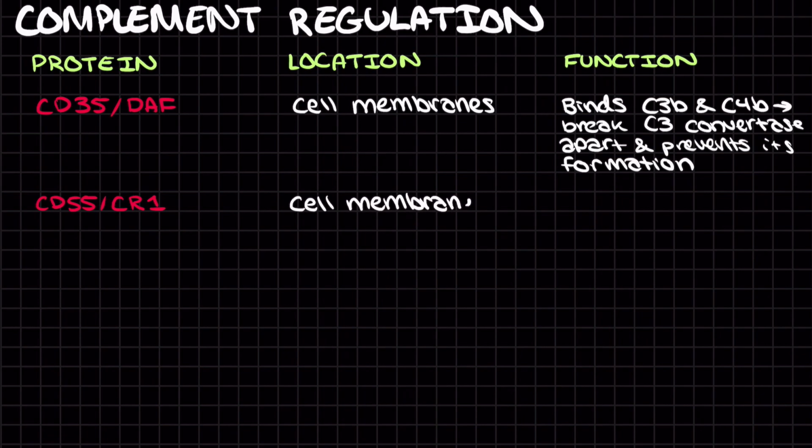And to be clear, it's the cell membranes of host cells, specifically of macrophages. And as I said, CD55's function is the same as CD35. It will bind to C3b and C4b to prevent the formation of a C3 convertase or to break apart an already existing one.